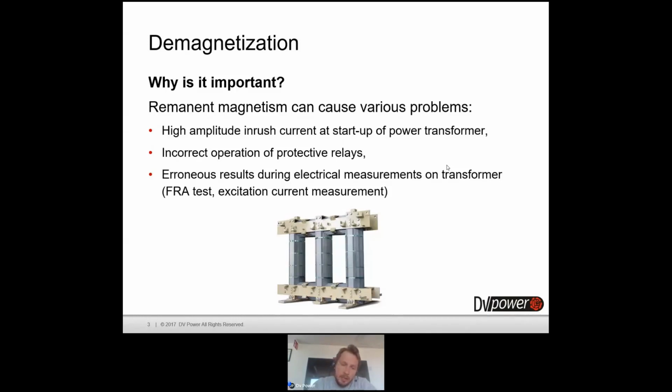As you know, in a power transformer we have different parts: magnetic core, windings, oil, tank, and so on. And all the energy transformation process will happen through the magnetic core of the transformer. So this core needs to be made of ferromagnetic material.